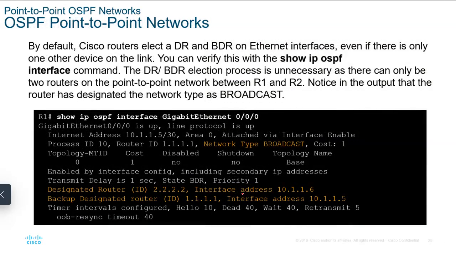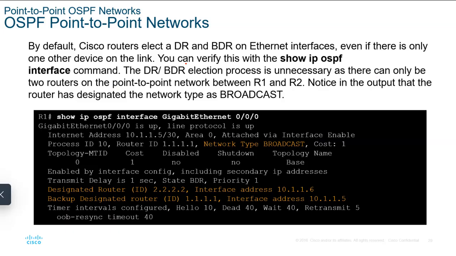OSPF point-to-point network. By default, a Cisco router elects a DR and BDR on an Ethernet interface, even if there is only one other device on the link. You can verify this with the show IP OSPF interface command. The DR and BDR election process is unnecessary as there can only be 2 routers.